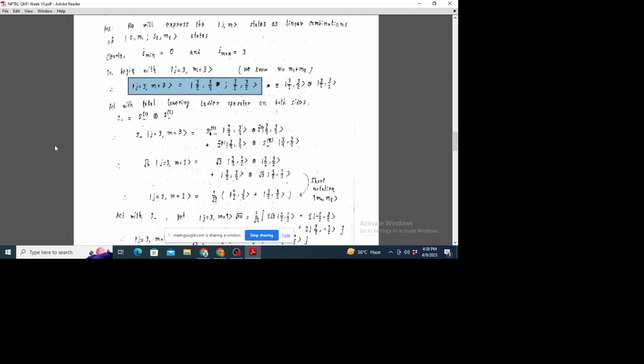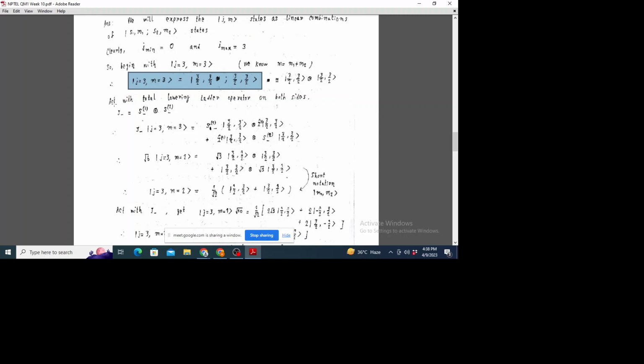And now you have to keep acting with the lowering ladder operator on both sides. So the lowering ladder operator J minus will be the sum of the lowering ladder operators of both spins. This is actually a direct sum.